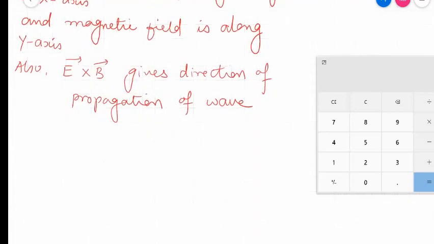Therefore, if electric field is along the z-axis, that is k unit vector cross j unit vector, it will give you minus i unit vector, and hence electric field must be along the z-axis.